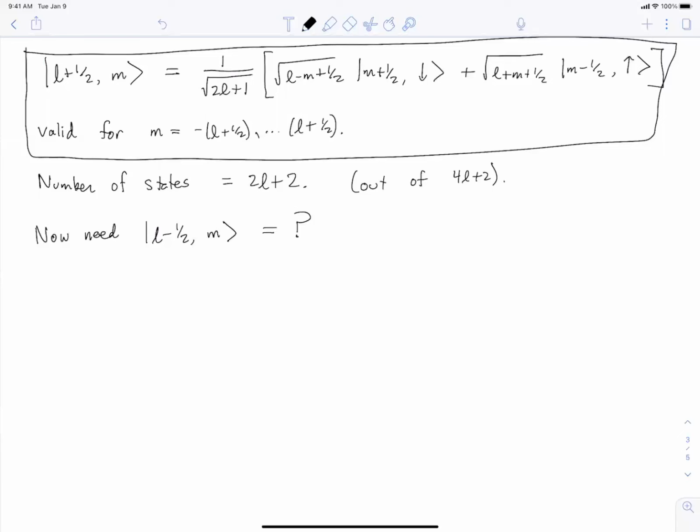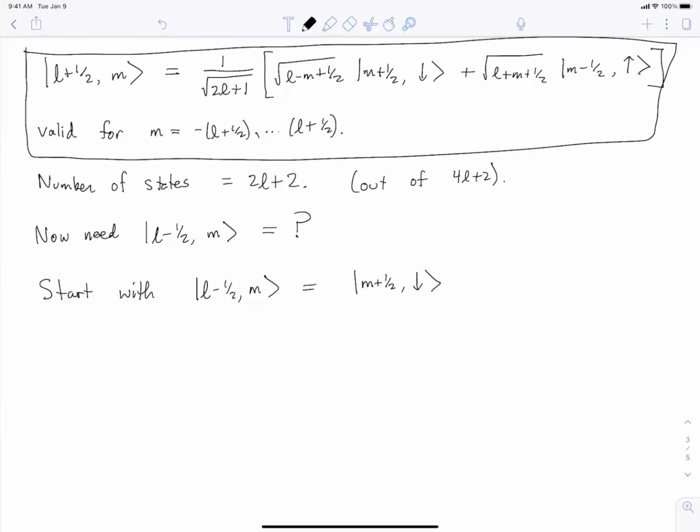Okay, so what's the most general thing it could possibly be? For L minus 1/2 m. Okay, in the product basis, one thing it could be is it could have orbital quantum number m plus 1/2 and down arrow, because m plus 1/2 minus 1/2 gives m, so that works.